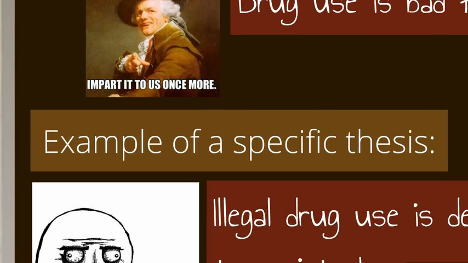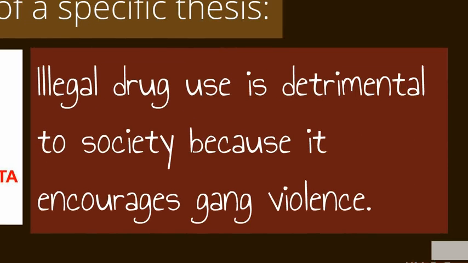So here's an example of a specific thesis statement: illegal drug use is detrimental to society because it encourages gang violence. Now we see a specific kind of drug use. And we see, what is it to society? It's detrimental. This is negative on society. And why is it negative? Well, because of one specific thing.